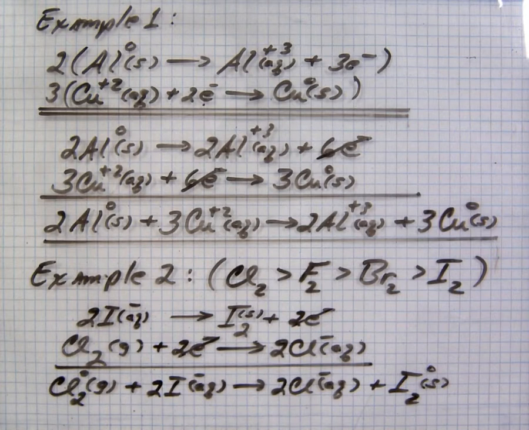So here's a couple of examples you can use to study the use of the activity series, in which the more active replaces the less active, and here is an example with the halogens.